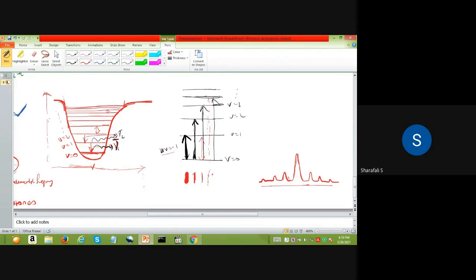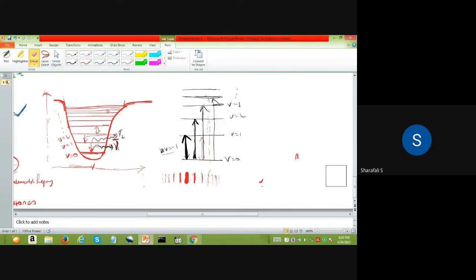The next one will come close to that, because when you go up, the energy level gets reduced, and the separation between each energy level will be small. Similar to this side also, we have the first overtone, then the second overtone, then the third overtone, which is less intense, and the fourth overtone. So they will be coming close to each other.